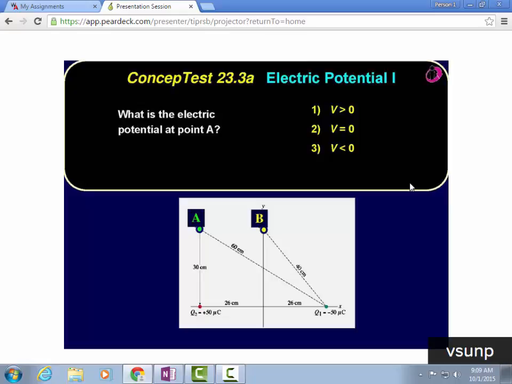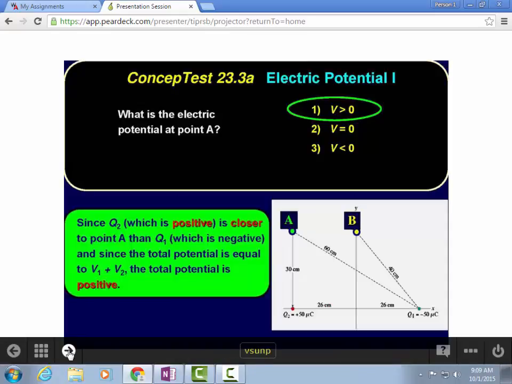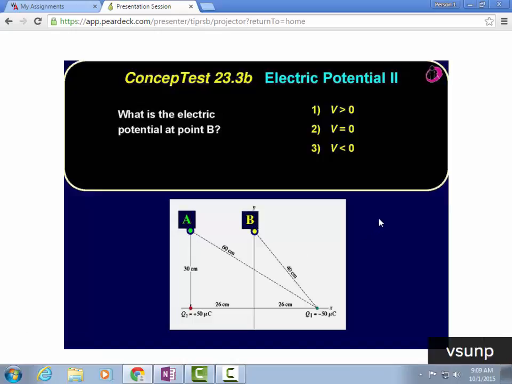It's greater than 0. Why? Because it's closer to the positive charge. All right, and B, it's going to be? It's right in between, so it's equidistant.